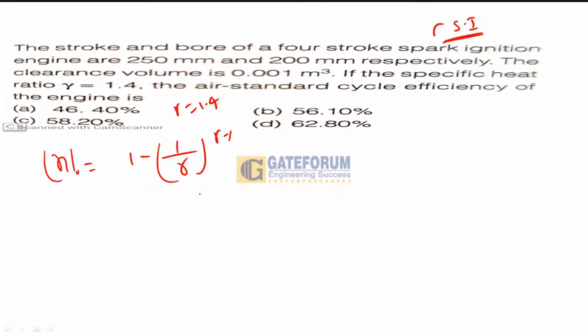This question is very similar to the previous question. You know r is v1 upon v2. In this question stroke and bore are given, so you can calculate Vs as pi by 4 d square into l.